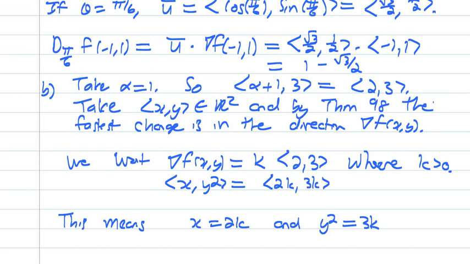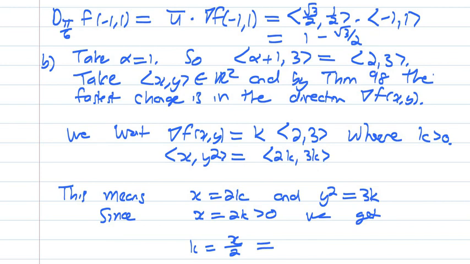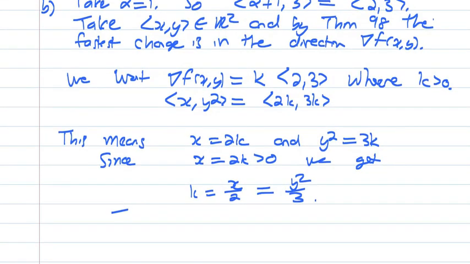To make our lives easy, we want to eliminate k. Since x is 2k and that's positive, we get that k is x over 2, and that's also equal to y squared over 3. So if we rearrange, we get that 2y squared is equal to 3x, and x is positive.